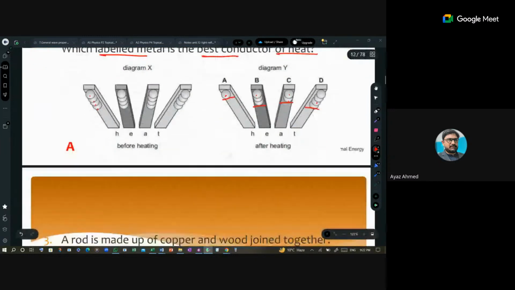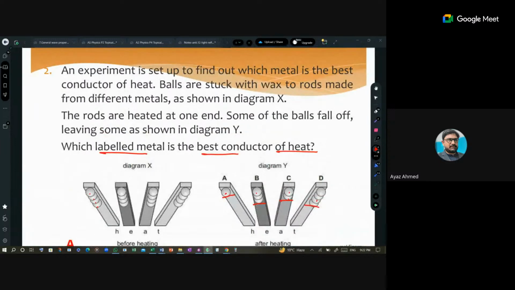The explanation is that a metal which is a good conductor transfers more heat, and at a higher rate. That's why most of the wax on it is melted and the balls are dropped.